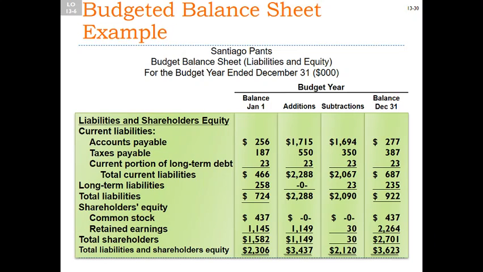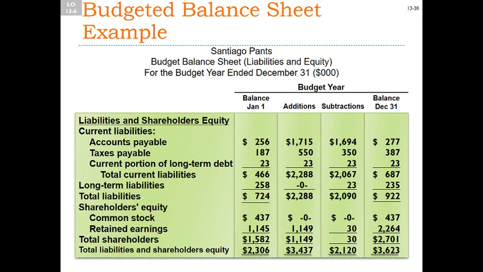Current portion of long-term debt would be pretty easy to figure out. Long-term liabilities, easy to figure out, even though it's not in the budget, except maybe the $23,000 payment is somewhere in there, probably in that 250,000 other cash disbursements.